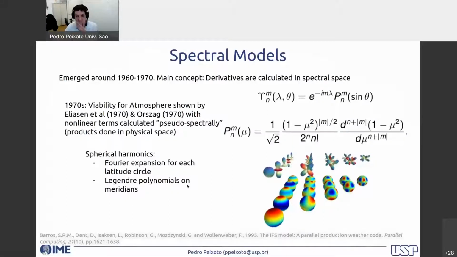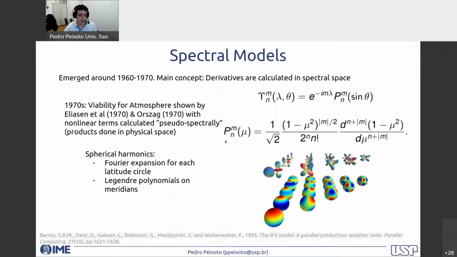Back in the 60s and 70s, people were already aware of this. One of the solutions that they came up with, which became what is now known as the state-of-the-art in atmospheric modeling, is to use spherical harmonics and spectral calculations. You write your fields in terms of spherical harmonics, which means that you expand them in Fourier and Legendre polynomials, right?